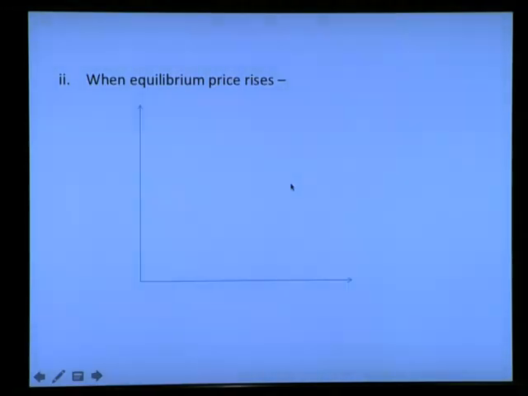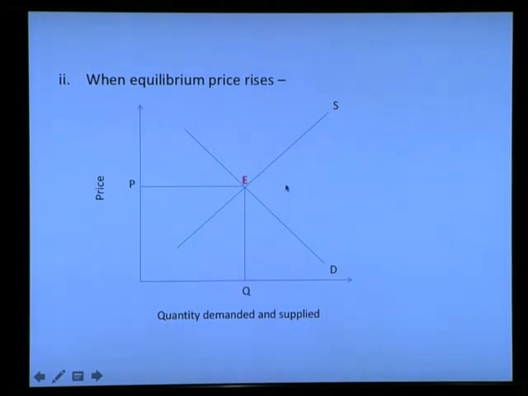Now, we will look into the second possibility where the equilibrium price rises. The equilibrium price here is again P and the equilibrium quantity is Q. Now, let us say that there is an increase in demand, so the demand curve again shifts towards the right. Simultaneously, there is also an increase in the supply, so the supply curve shifts towards the right.